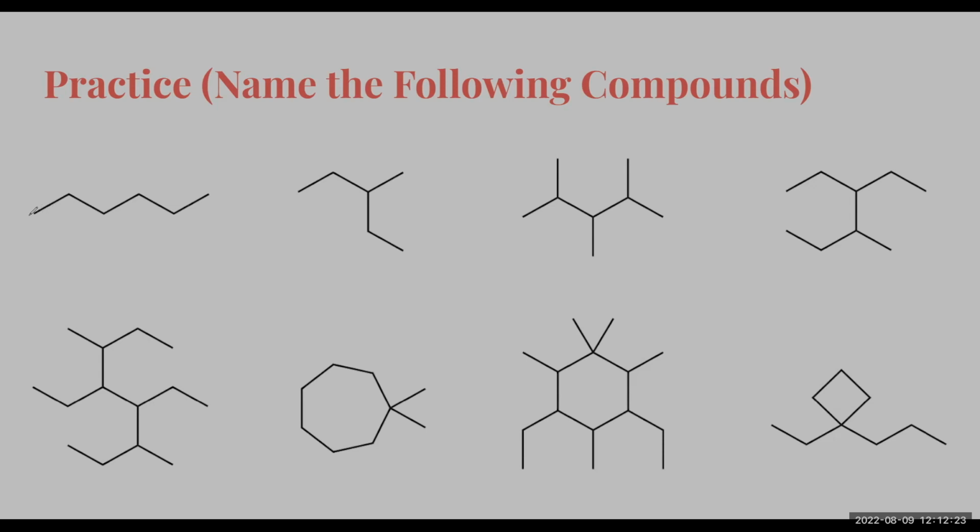The parent chain is always going to be the longest uninterrupted chain that also maintains the highest priority in terms of functional groups. So I'm going to count 1, 2, 3, 4, 5, 6. So we know the parent chain is a 6-carbon chain, which means we have hexane. Next, we're going to want to count to see if there's any substituents. In this particular example, there are no substituents. So the name of this compound would simply be hexane.